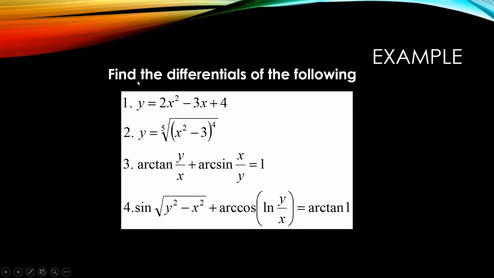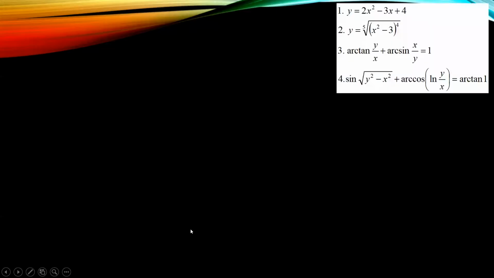So find the differentials of the following. For example, number 1, how do we get the derivative? Before, in solving for the derivative, we say dy over dx is 2 times 2x minus 3. That's the only answer. But now, it has to be 2 times 2x dx minus 3 dx.